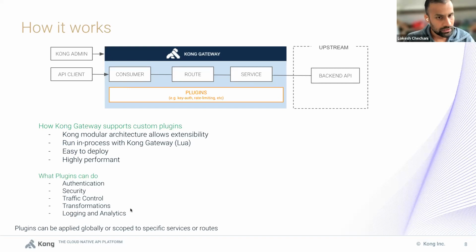What can a plugin do? If you think from the API management perspective, all the API policies which you need based on your requirements, it is the Kong plugin that would be doing that, in the areas of authentication, security or traffic control.